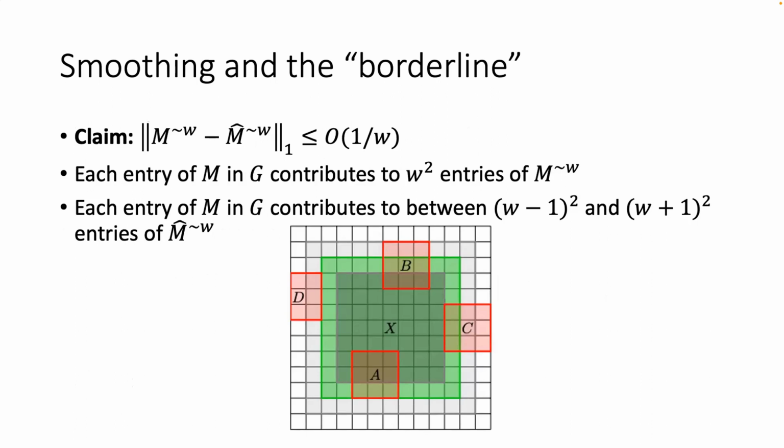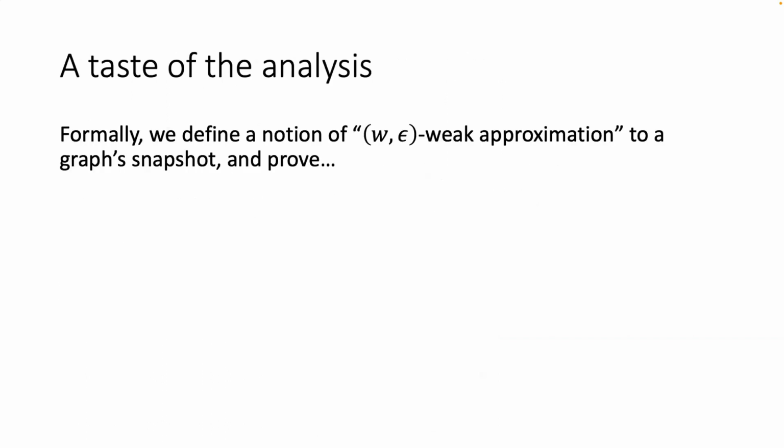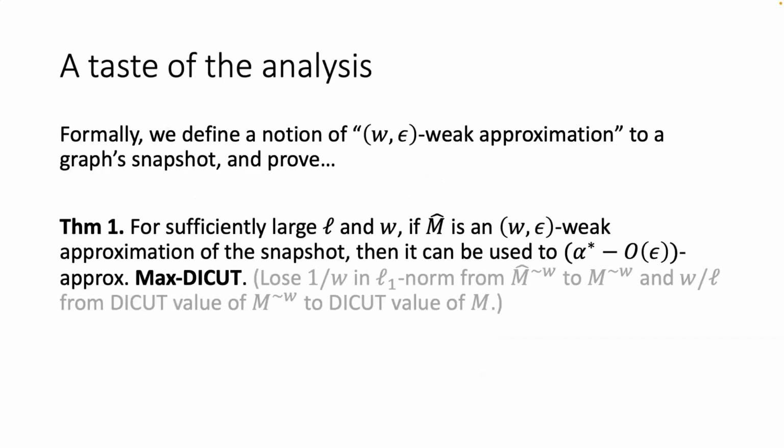Even if they shift by 1 going out, they'll still count. And entries which are far enough outside will also never contribute. Altogether, this lets you estimate a smoothed version of the snapshot, where instead of estimating the snapshot itself, you estimate entry averages over regions of the snapshot. And you have to lose some additional factors, which you can control, from doing the smoothed analysis.